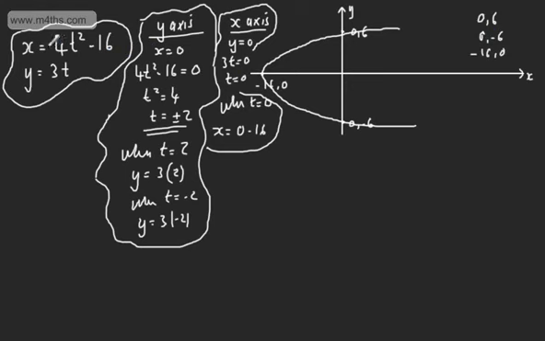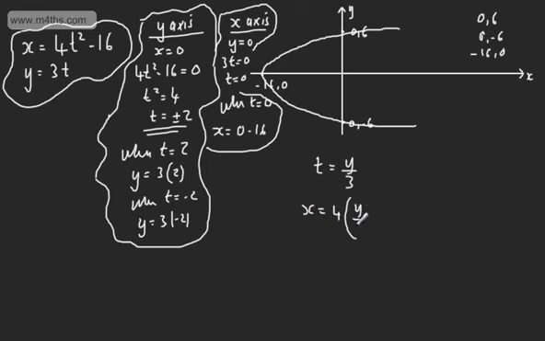Okay, if I wanted to, just again to extend this on, I could put this in Cartesian form by eliminating the parameter t. Not part of the question, but we'll do it anyway for a bit of practice. We can say that t is going to be equal to y over 3, simply by dividing the second equation by 3. Therefore, x will be equal to 4 lots of t squared.